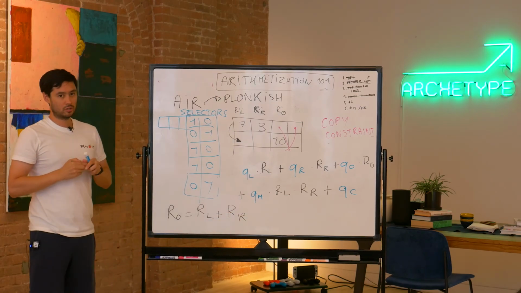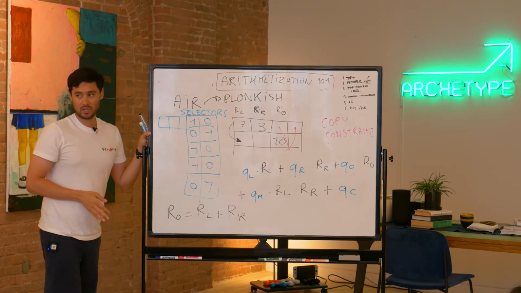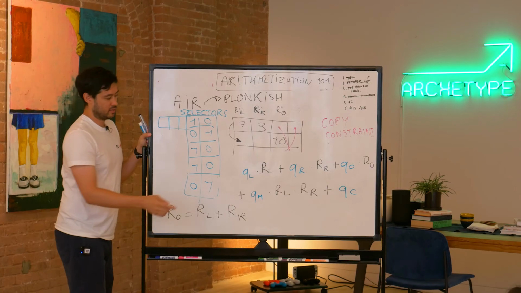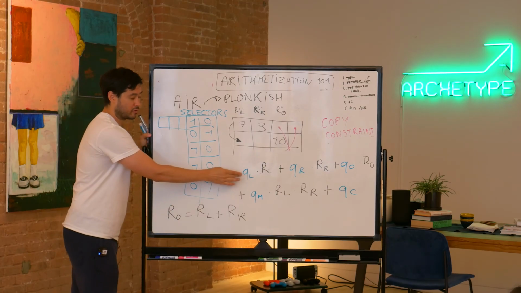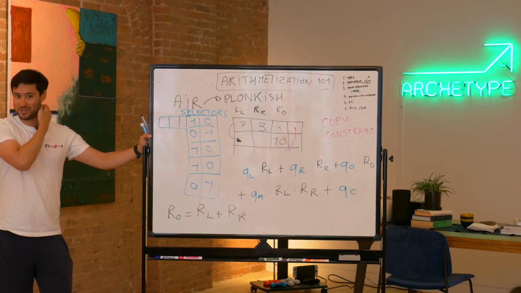We want to do an addition on the first row. The only thing we can do when we compile the circuits is hard-code values for all of these selectors. Does my question make sense?